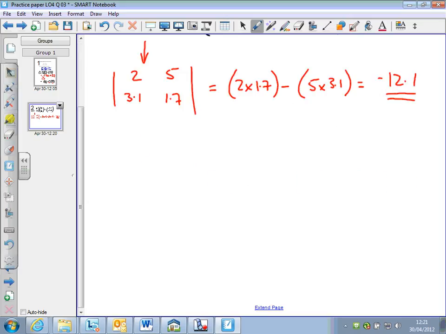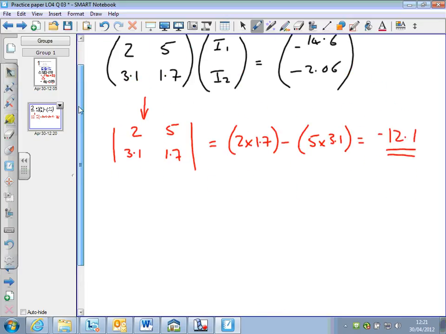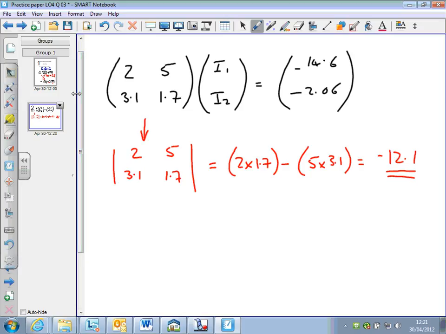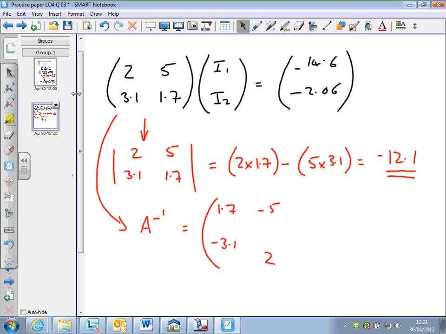Now, to get the inverse, we take this matrix here and swap over the leading diagonal and change the sign on the others. So the inverse turns out to be 1.7, 2, swapping those over, and then changing the signs of these, minus 5 and minus 3.1, and then dividing each of these elements by minus 12.1.